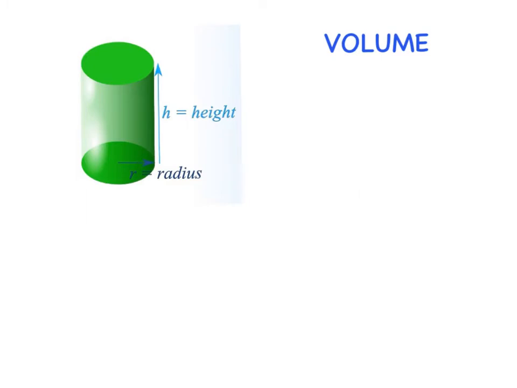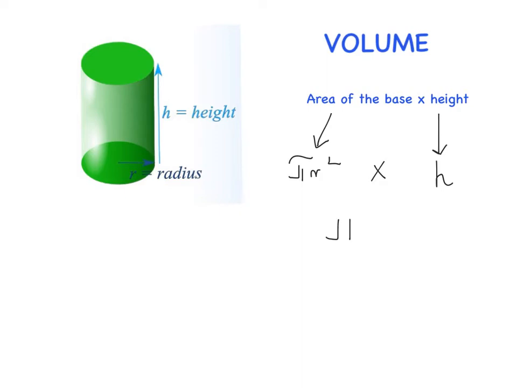Let's write it down. The base is pi r squared. Height is h, multiplied. So volume, that's the symbol for the volume, V equals pi r squared h.